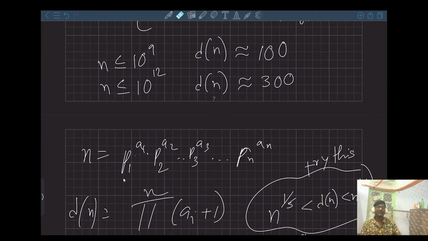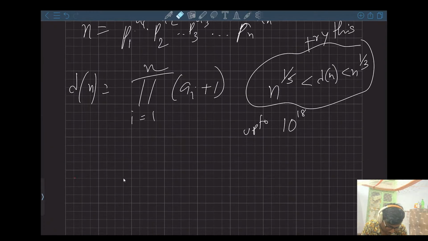So the number of divisors is very less for a usual number, but there are some highly composite numbers, HCMs. They are called that because they have a very high number of factors, like 12 or 64 or maybe 128.